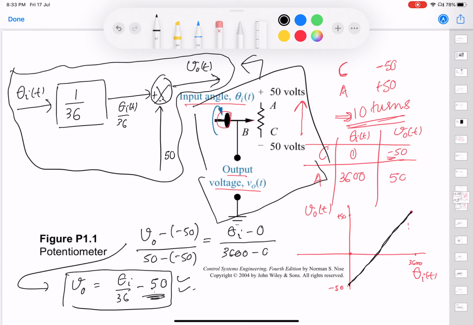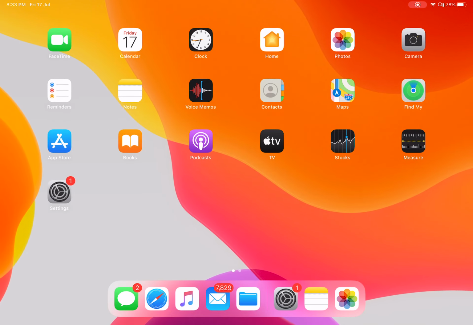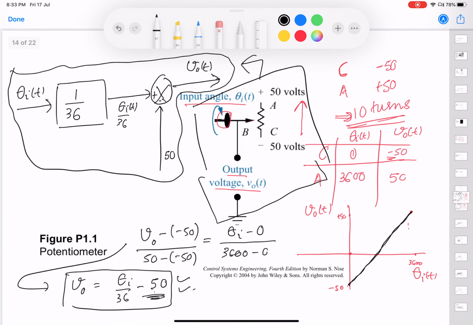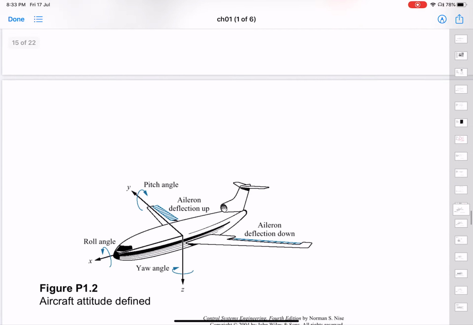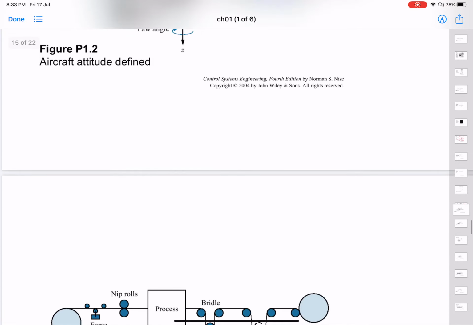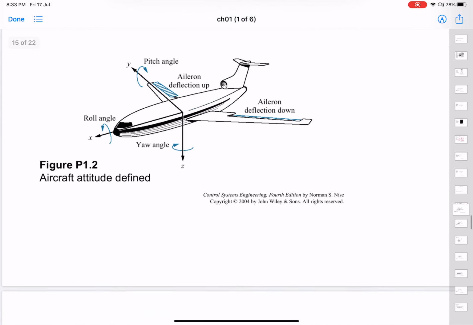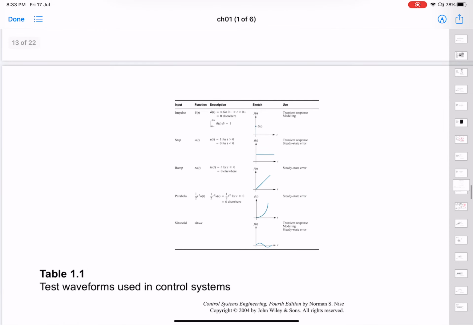Right. So now let us come to a very important part of this, which is what kind of inputs do we expect in the control system framework? Why are they important?